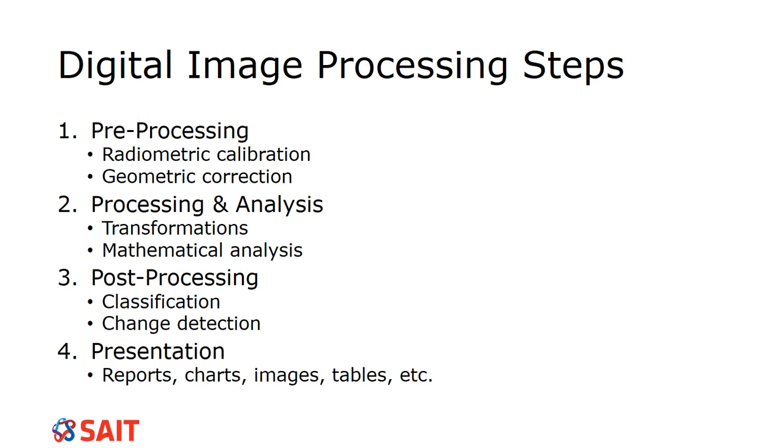So this module is the pre-processing module. And well, it's half of it anyways. So pre-processing, we're looking at radiometric calibration and we're looking at geometric correction. So radiometric calibration, we're looking at getting the satellite data to be giving me actual numbers from the ground in a physical unit, rather than just being a digital number and just a scaled value and going from there.